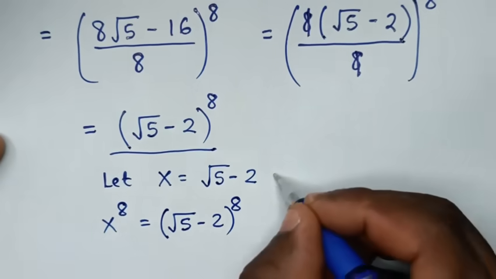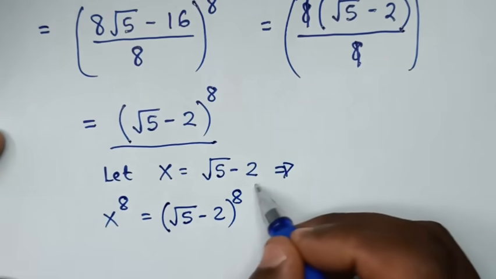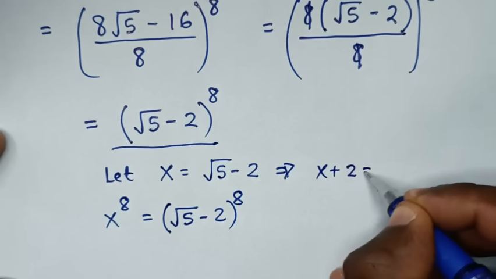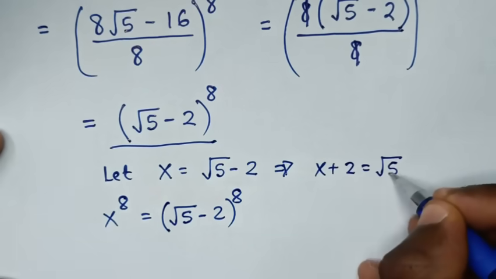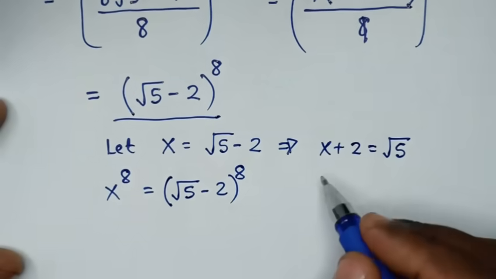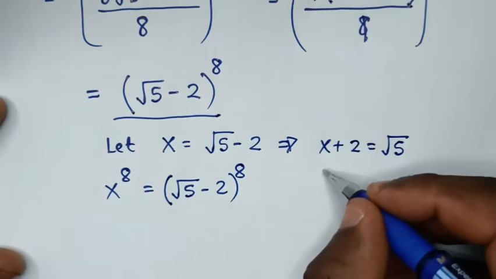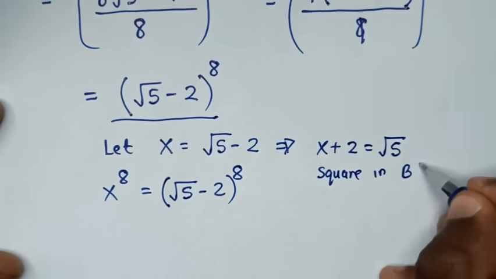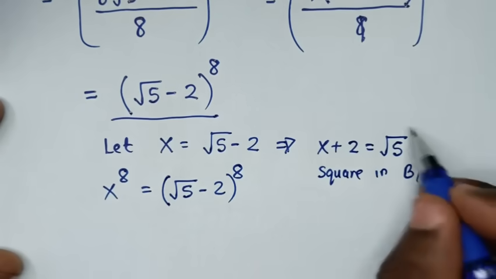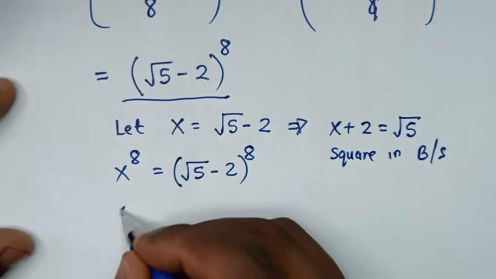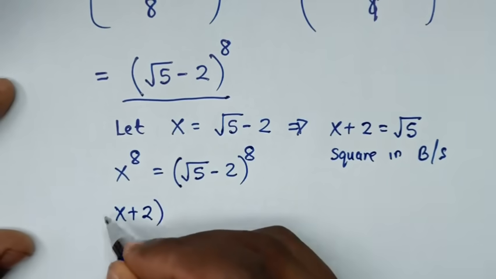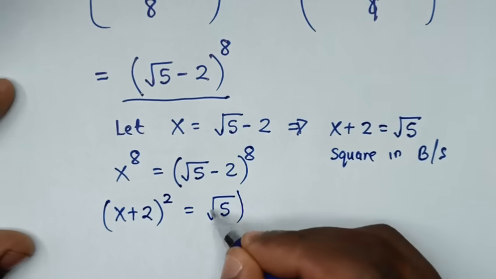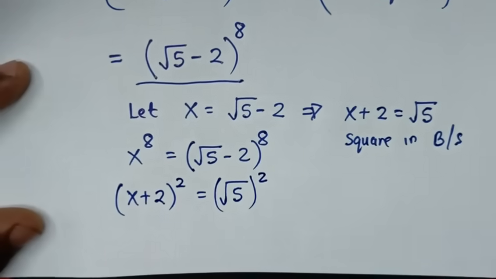So from this part here we'll take minus 2 to this side, so it will be x plus 2 is equal to square root of 5. So into here we'll square both sides. So to square this on both sides, it will be x plus 2, then bracket squared, is equal to square root of 5, bracket squared.